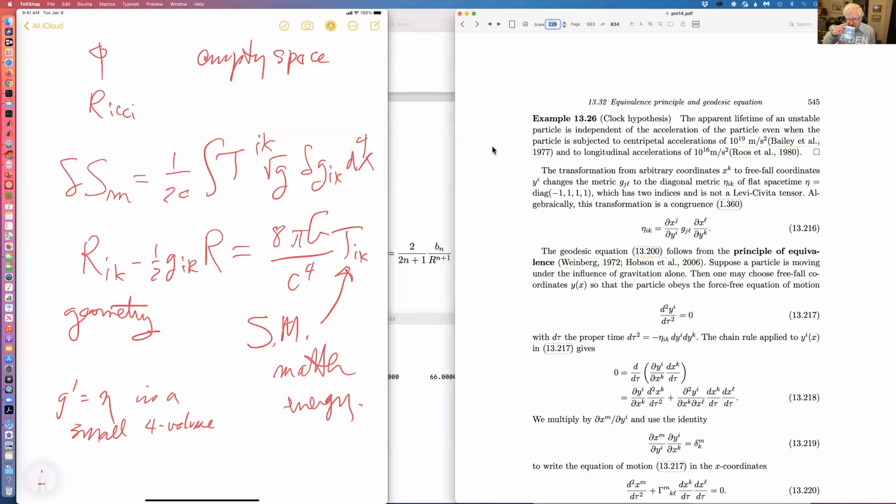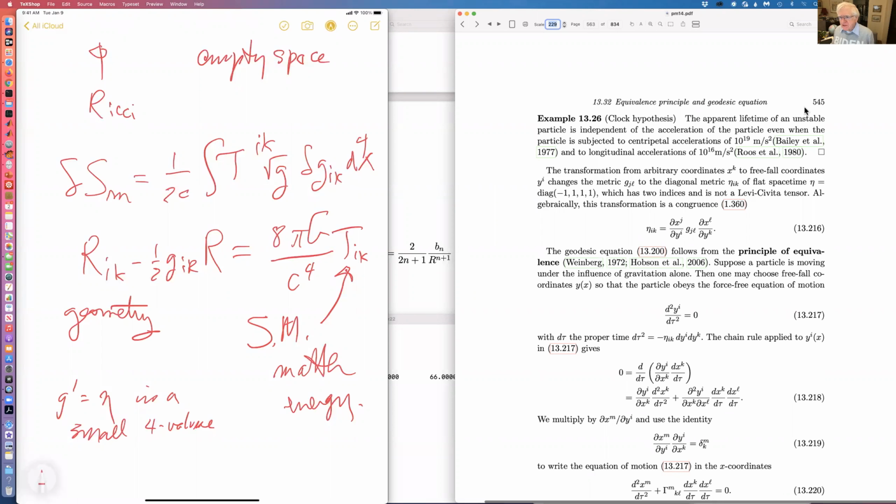And by the way, there's something called the clock hypothesis, which is interesting in that I think it's kind of unexplained, which is why it's called a hypothesis. The apparent lifetime of an unstable particle is independent of the acceleration of the particle, even when the particle is subjected to high acceleration.